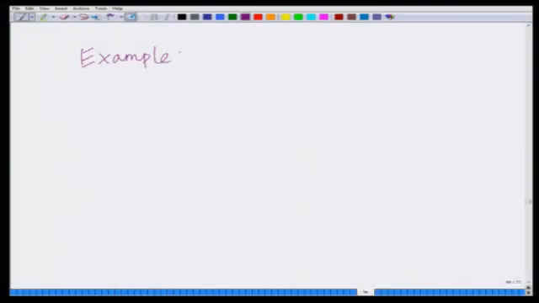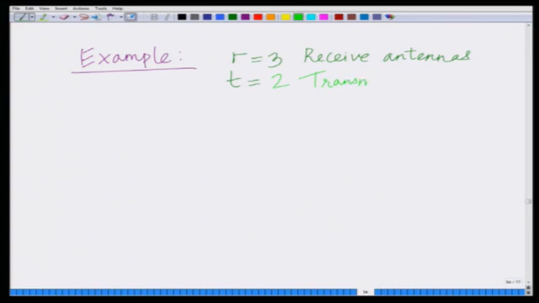a MIMO system. We will consider a MIMO system with R equal to 3 receive antennas and T equal to 2 transmit antennas.